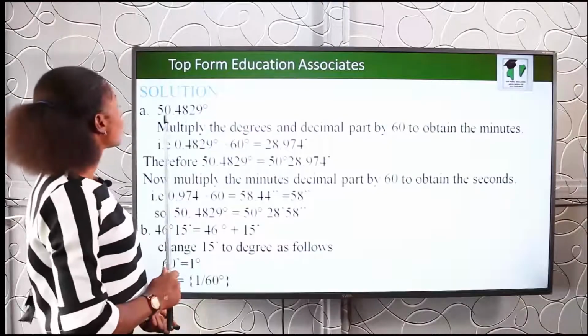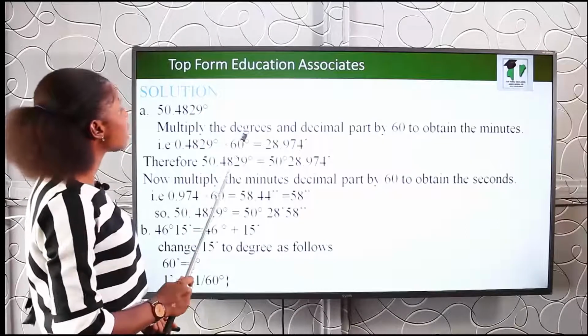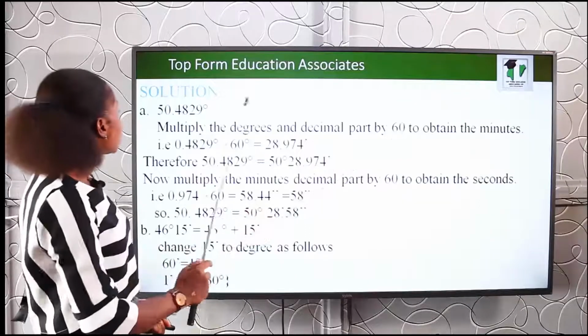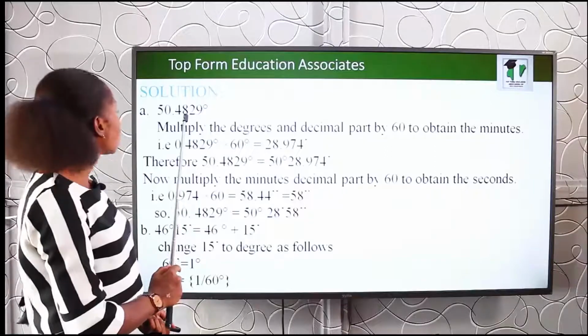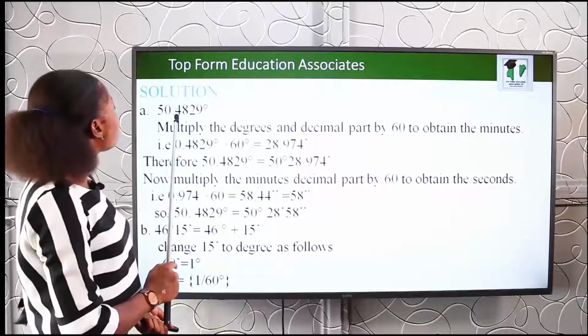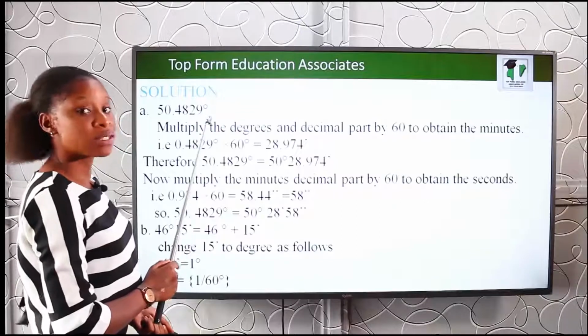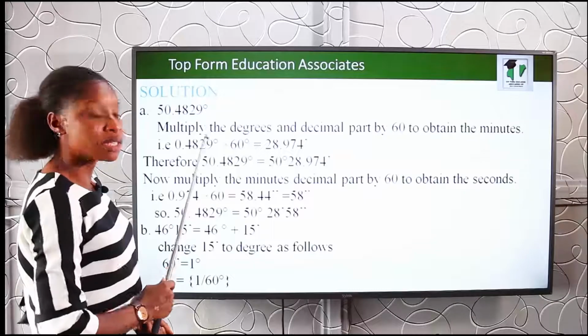Solution. To get the minutes part, we are going to multiply the decimal part of the degrees by 60. This is the decimal part of this degree. So, we're going to multiply 0.4829 degree times 60.